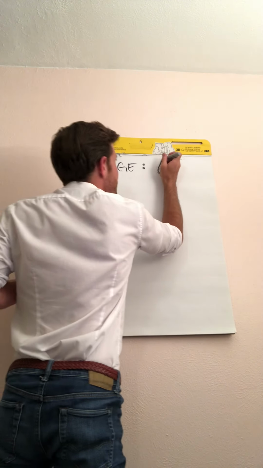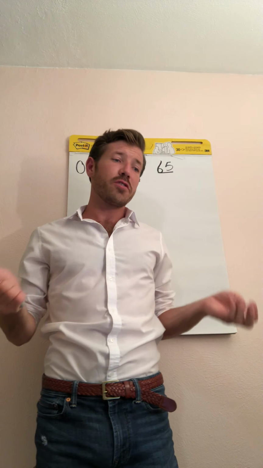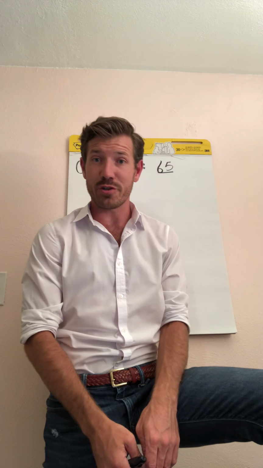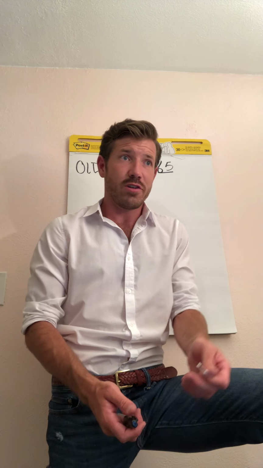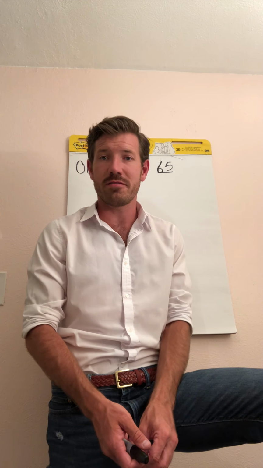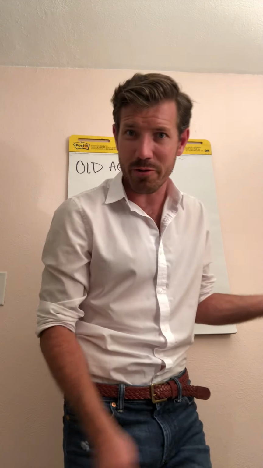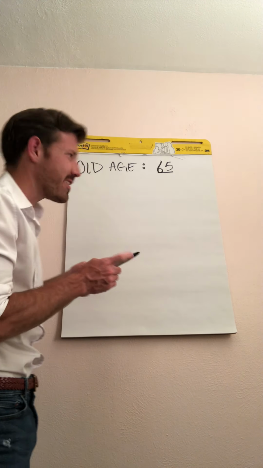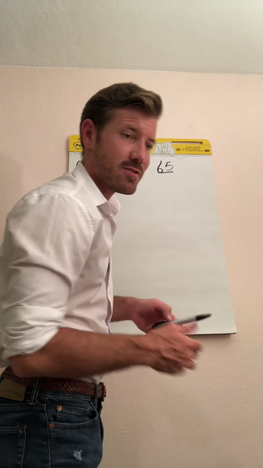So 65 years old was determined because Germany had established the first retirement program, and when Germany did that, they said, well, we need an age for the people, and what they did was they said 65 years old. That's how the retirement age is for Germany. And so then that's where we got 65 as old age, based upon Germany's retirement program. It's ridiculous, but that is what it is. We don't always get to make those decisions.